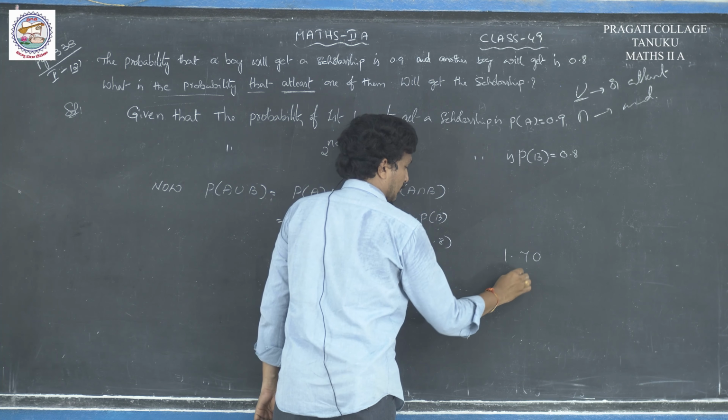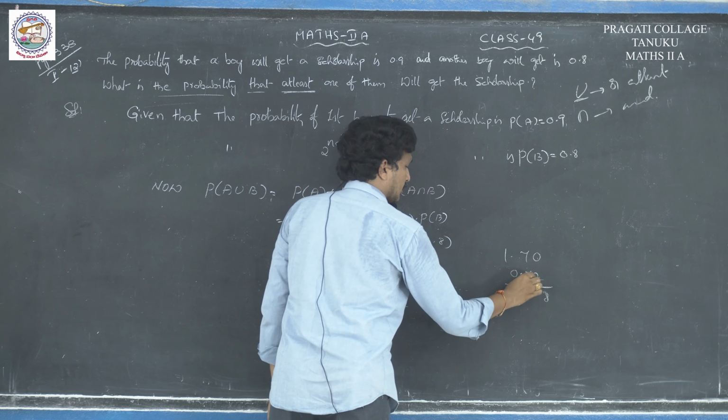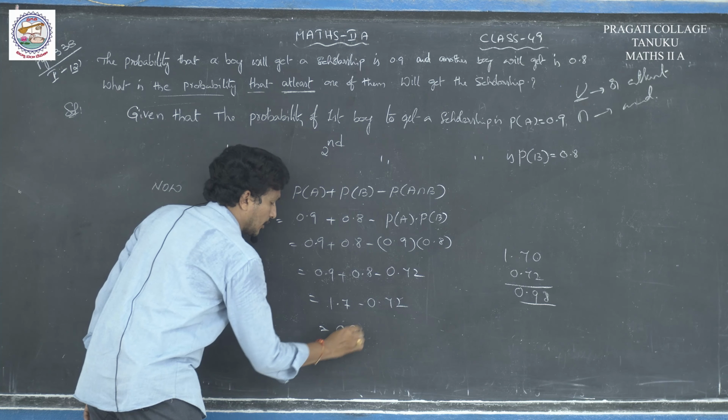To subtract 1.70 minus 0.72: 10 minus 2, 8; 16 minus 7, 9. So the answer is 0.98.